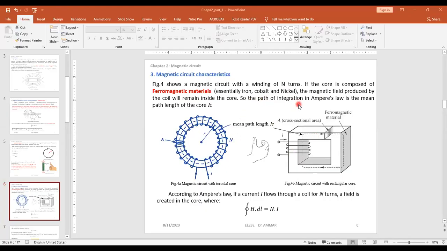The path of the integration, if we want to apply Ampere's law, is this dashed line that you see, the path of the magnetic field. This expression I already gave you on the board, is the case when we have a coil.